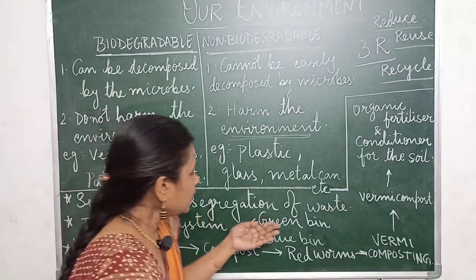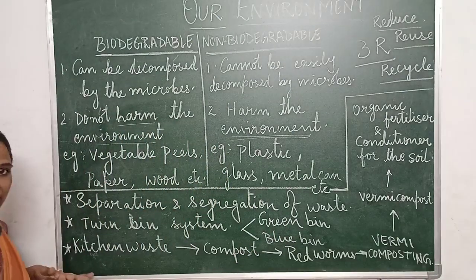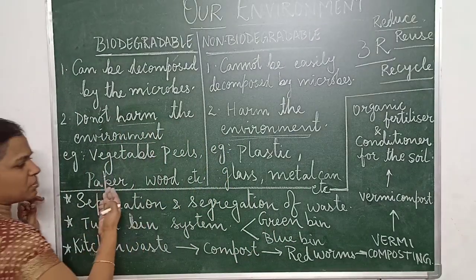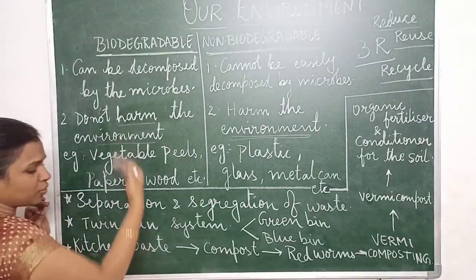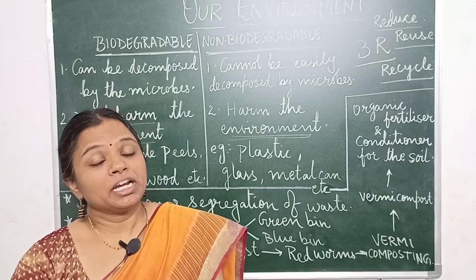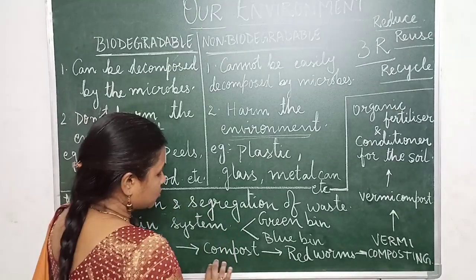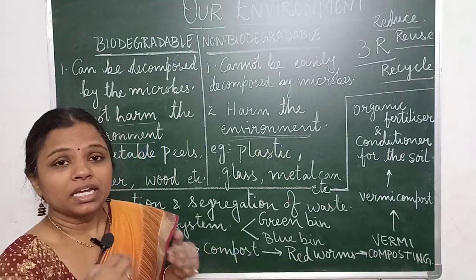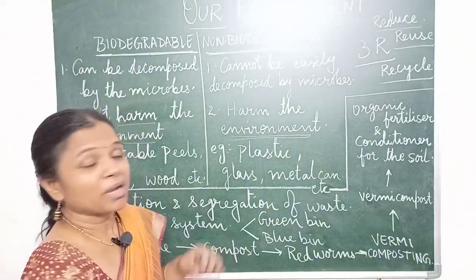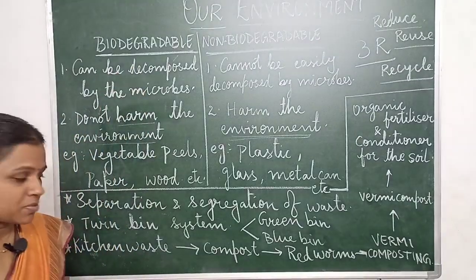Now, the biodegradable substances, mostly the kitchen waste, the vegetable peels, paper, wood, all these biodegradable substances can be put in a pit and covered up by the soil, and slowly it is left like that, and slowly the microorganisms act on these biodegradable substances.